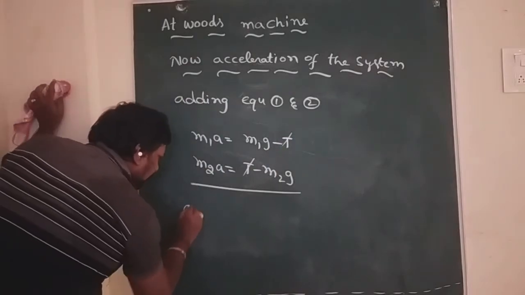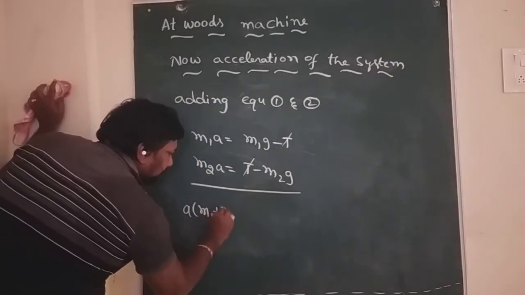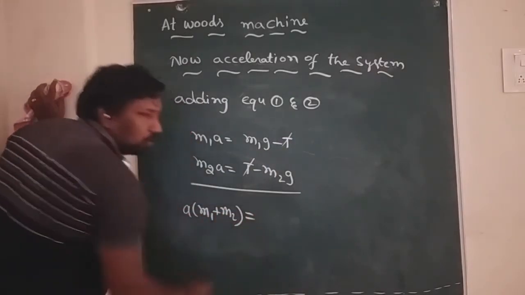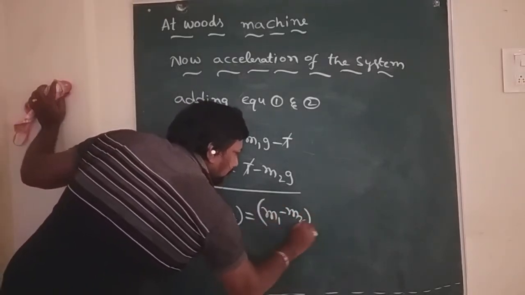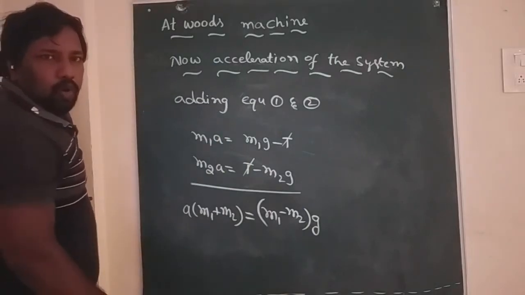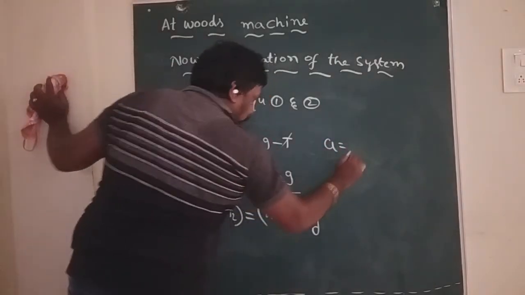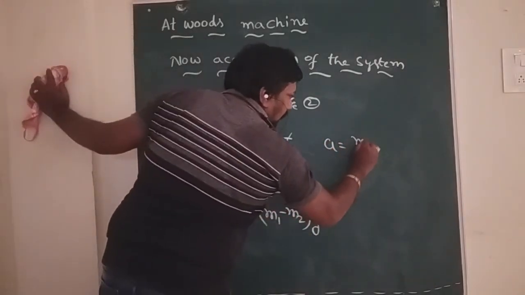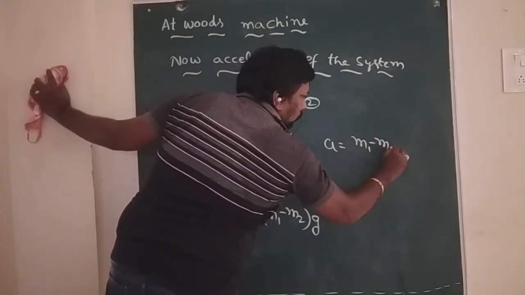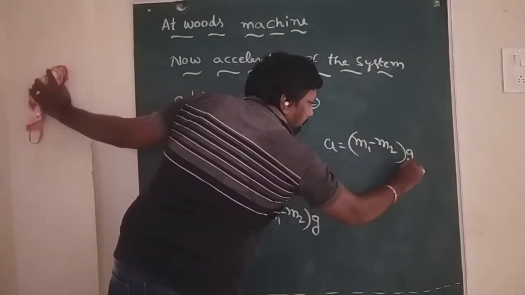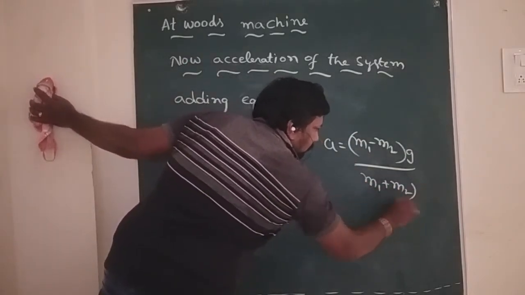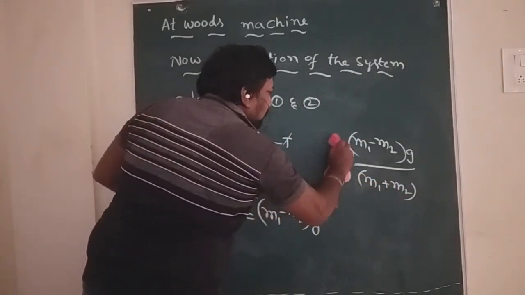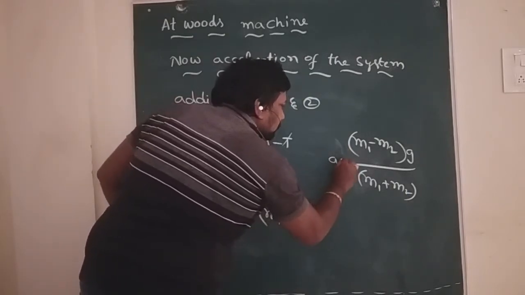So therefore A into M1 plus M2 is equal to M1 minus M2 into G. Now acceleration A equal to M1 minus M2 into G by M1 plus M2. So this is the acceleration of this system.